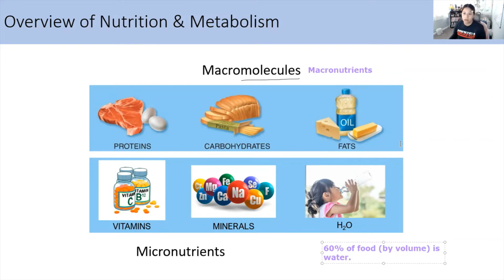We already talked about water and the importance of water in Bio 32 at the very beginning, I think in the inorganic chemistry lecture. We talked about surface tension and hydrogen bonding and things like that. So we have already covered water. For this lecture, we're going to focus on these other 5 categories: proteins, carbs, fats, vitamins, and minerals.